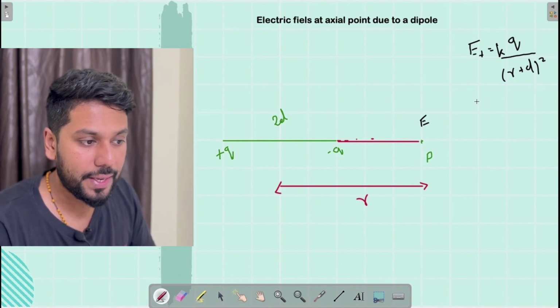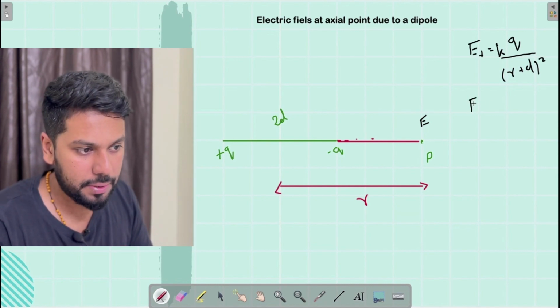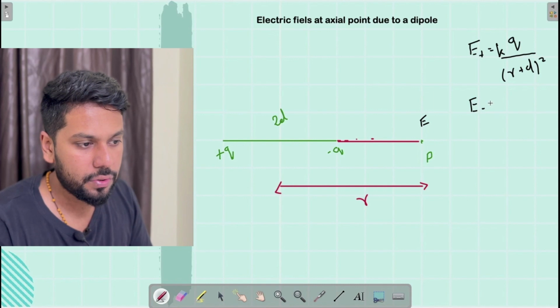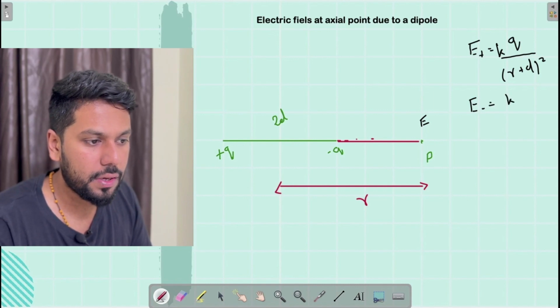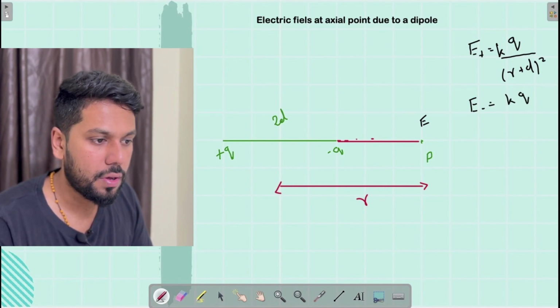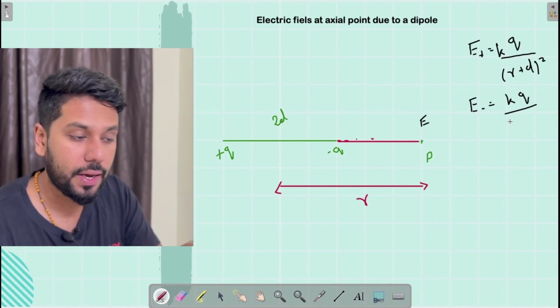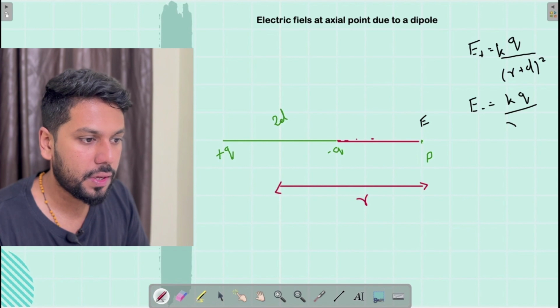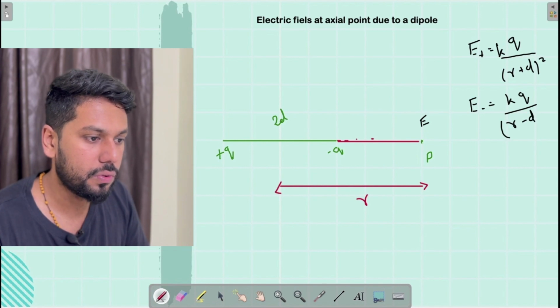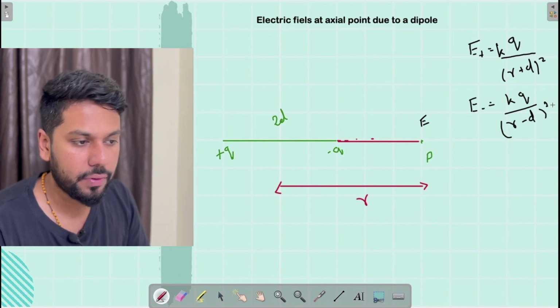In the same way, the electric field due to the negative charge, E minus, is going to be K q divided by (r minus d) whole square. You see, r minus d I need to put, (r minus d) whole square, right?